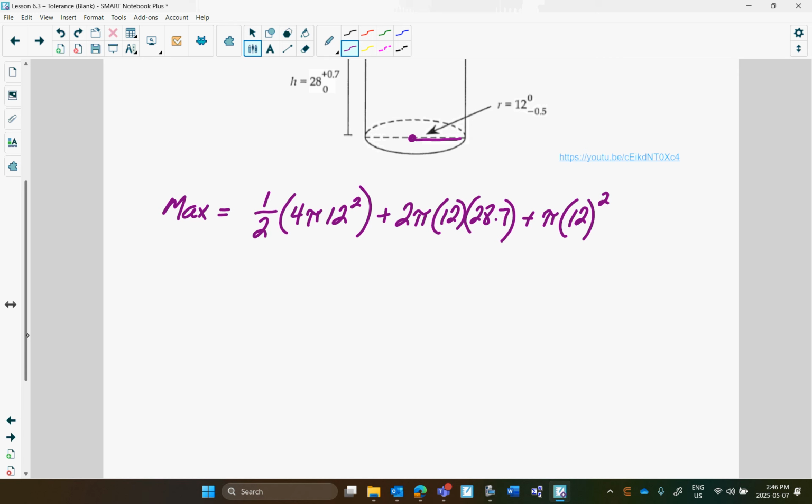I would suggest that we do each one and round them to 2 decimal places. So remember, exponents first. You got to do 12 squared, then times by pi, then times by 4, and then times by 1/2 or divide by 2. So 12 squared is 144 times pi times 4 equals, and then divide that by 2.